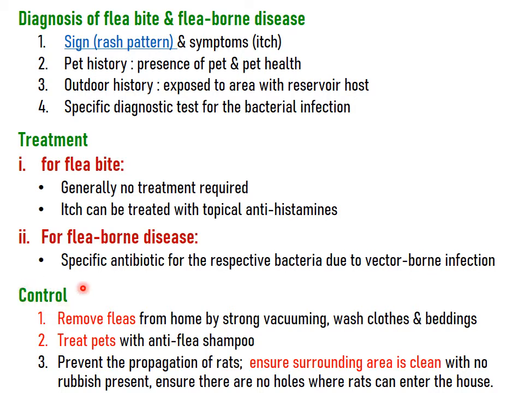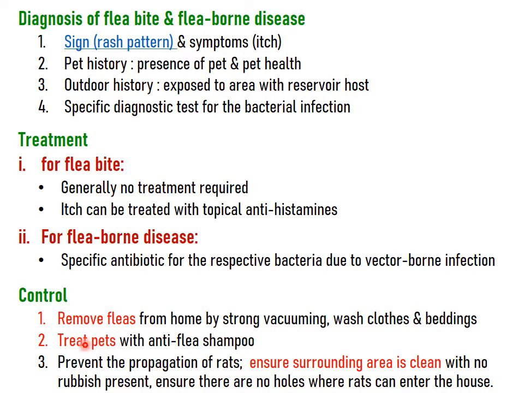Lastly, how do you control flea bites? Of course, you need to remove the offending agent, which is the flea. So you need to keep your environment clean by vacuuming your house, washing the clothes and bedding.